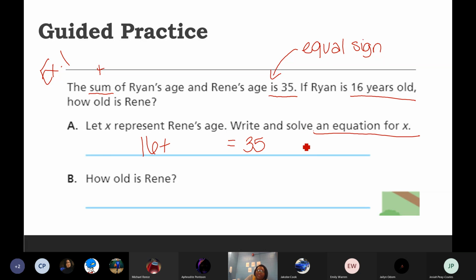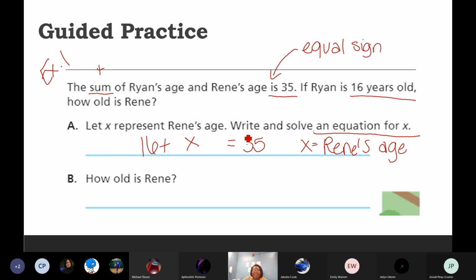So we want to write that down on the side. X equals Renee's age. Everything Miss Neville's doing, you want to do as well, so that we can be successful when we do it on our own. Okay? So 16 plus Renee's age, Ryan's age plus Renee's age equals 35.